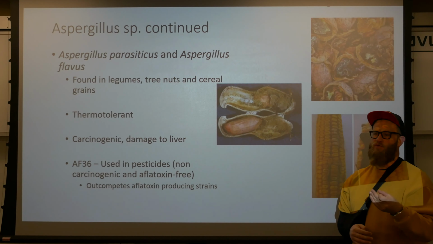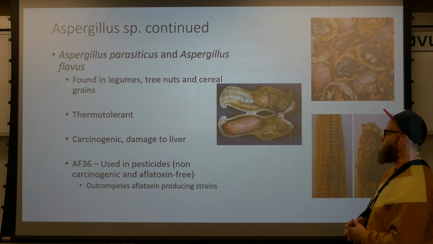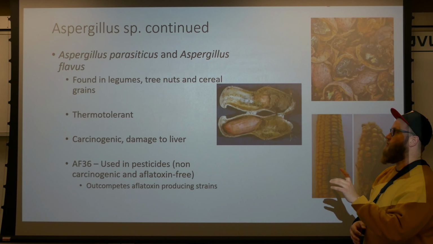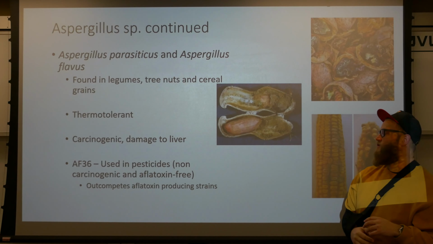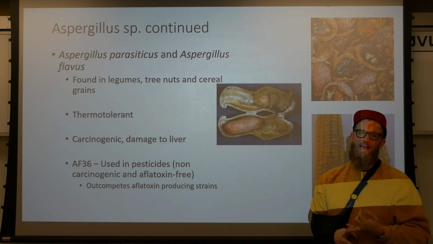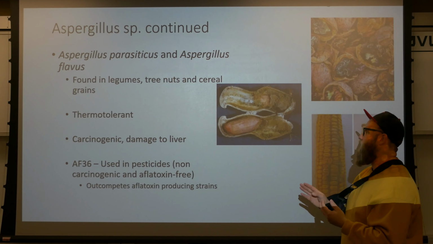When you test the pecan crop, there can only be a certain amount of these aflatoxins that are produced, and it's the aflatoxins that are carcinogenic. Now there is AF36, which is a non-carcinogenic, non-aflatoxin producing strain of Aspergillus flavus, and that particular strain outcompetes the strains that do produce aflatoxin and are carcinogenic.